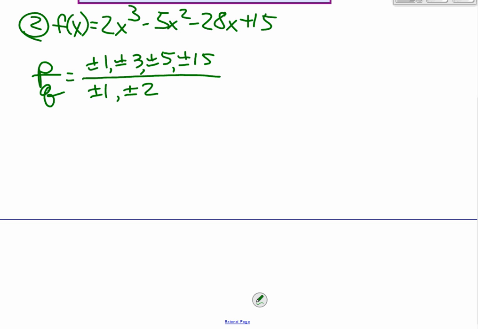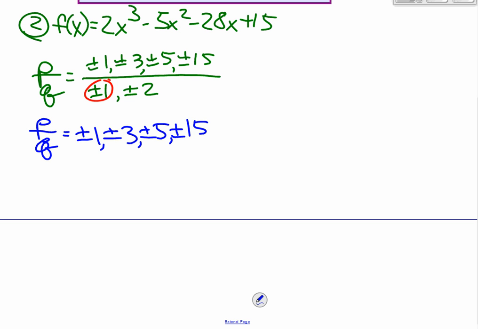So my favorites are the ones that are ±1, because these will just be the whole number integers that I'm going to get. So my P over Q, I get all these over 1, so ±1, ±3, ±5, ±15. And then I have to see what I have for fractional choices.